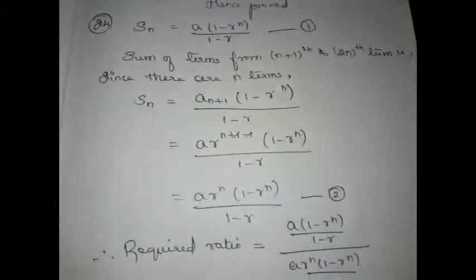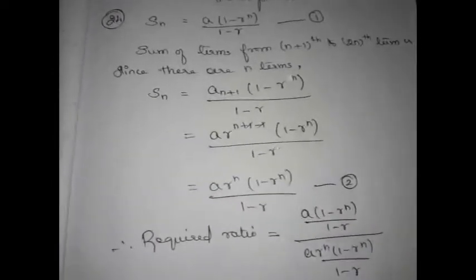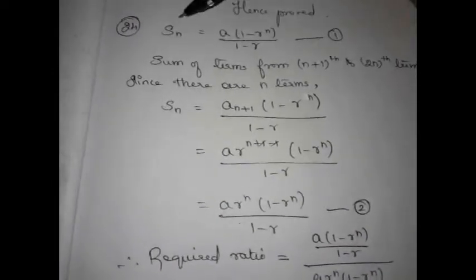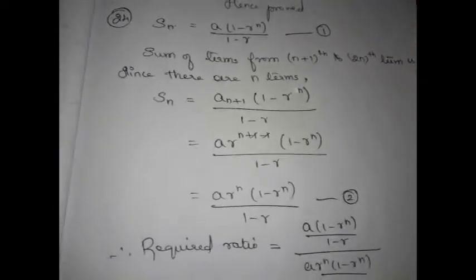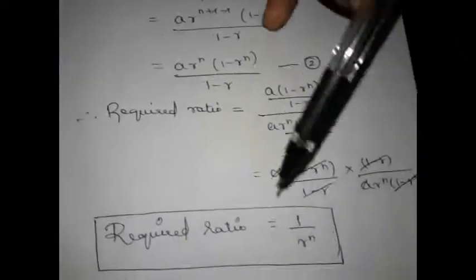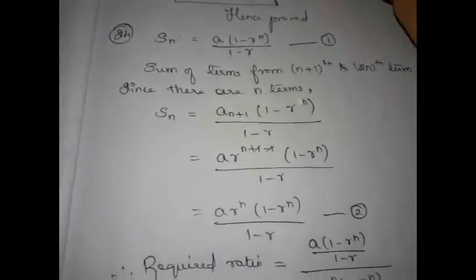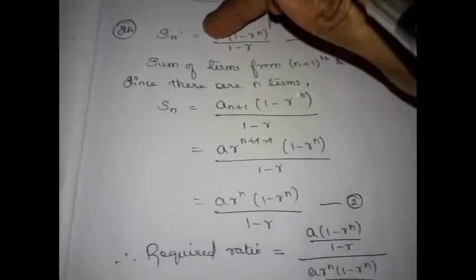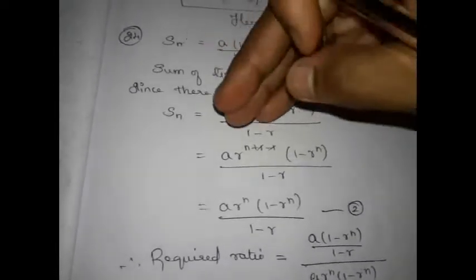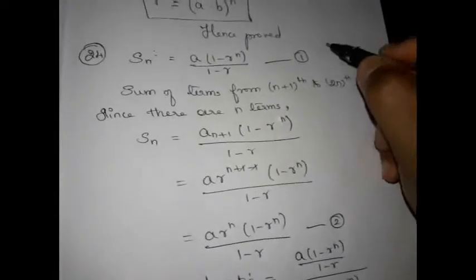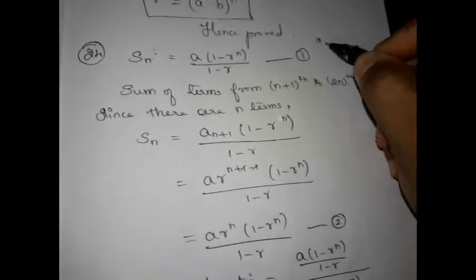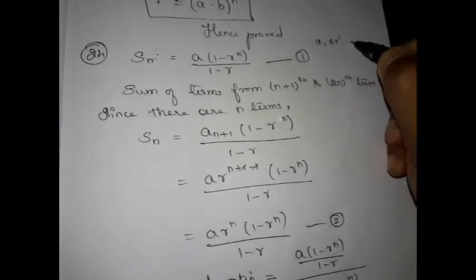The next problem is, they asked you to prove that the ratio of the sum of first n terms and the sum of (n plus 1)th to 2nth term is 1 by r power n. I repeat, the ratio of the sum of n terms to the sum of (n plus 1)th to 2nth term, right? We have terms from first term, second term, likewise it goes on.